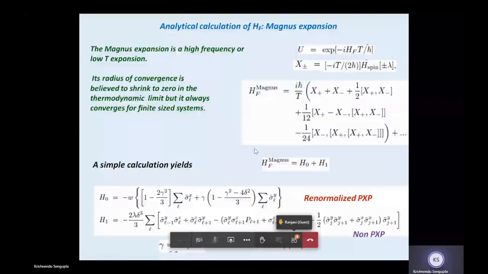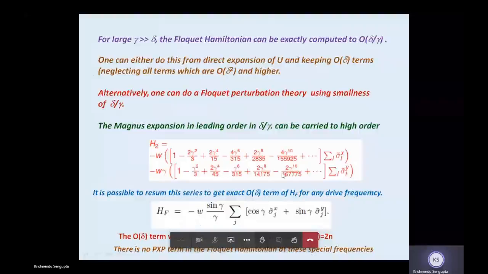Okay, thanks. Sure. So for the Magnus expansion, we basically do the standard thing. The first order term of Magnus is just the average Hamiltonian. The second order is complicated correlators, etc. But all of these can be calculated order by order.